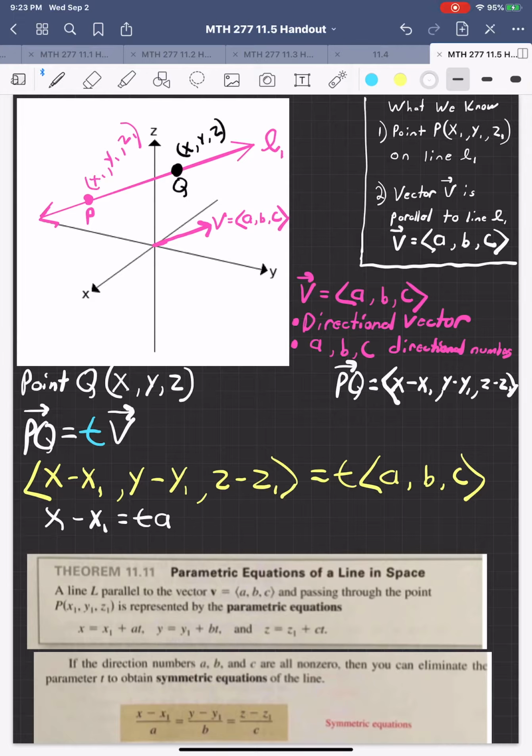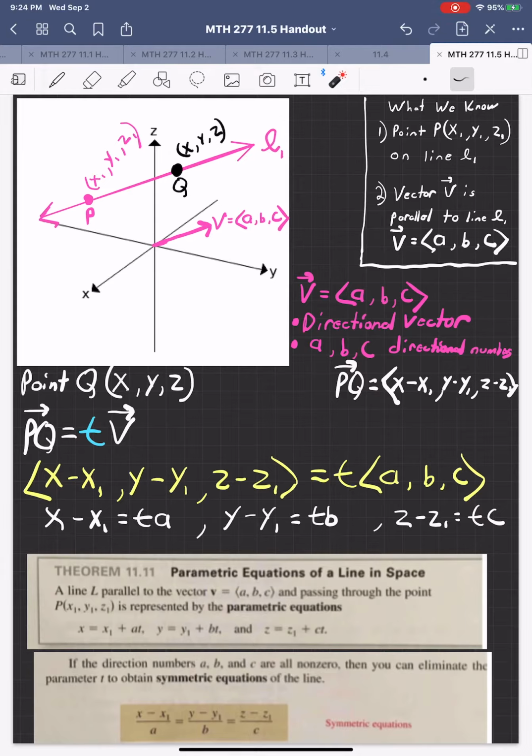And then y minus y sub 1, let's set the y components equal to each other, is equal to t times b. And finally, set those z components equal to each other.